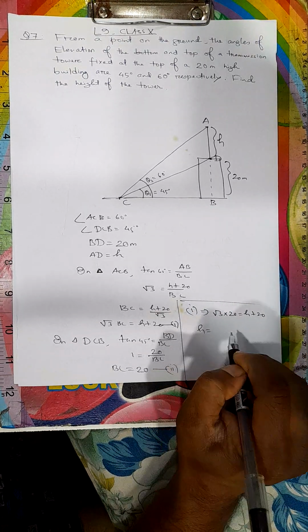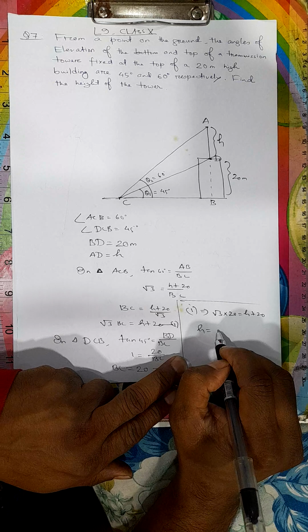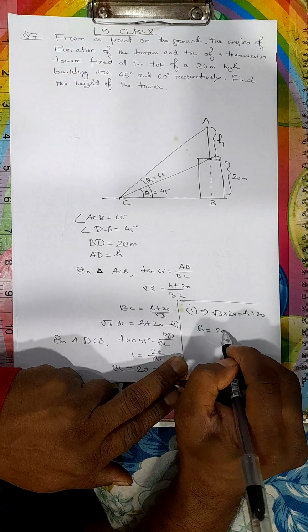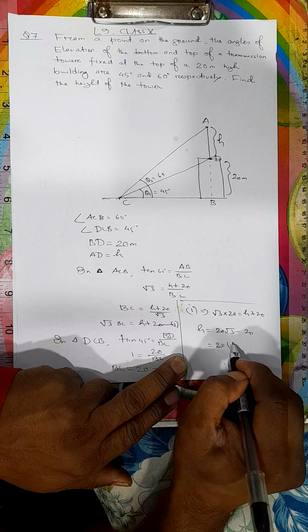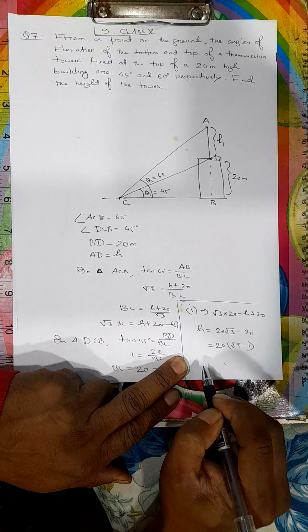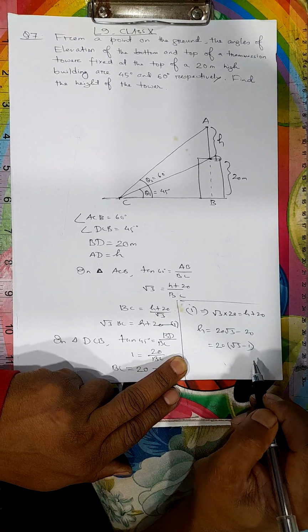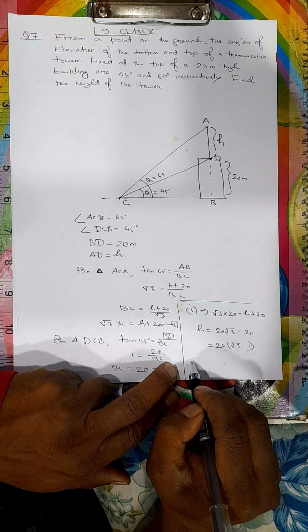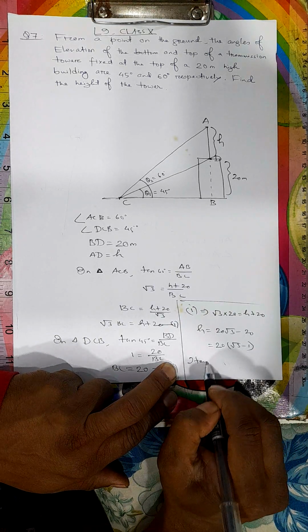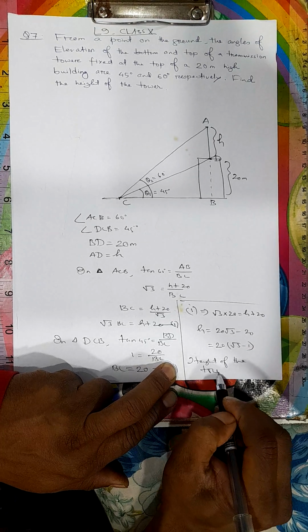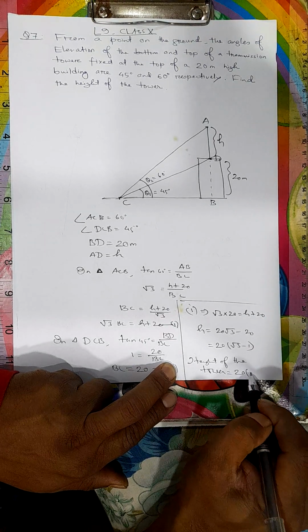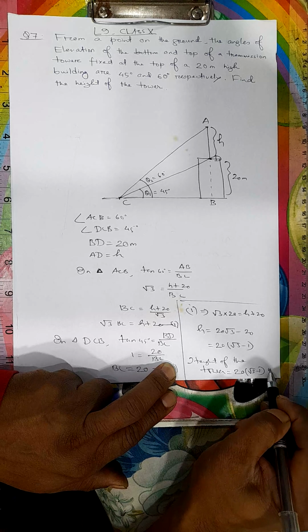So what is h? 20 root 3 minus 20, that is 20 multiplied by root 3 minus 1. So this is the height of the tower, 20 multiplied by square root of 3 minus 1 meter.